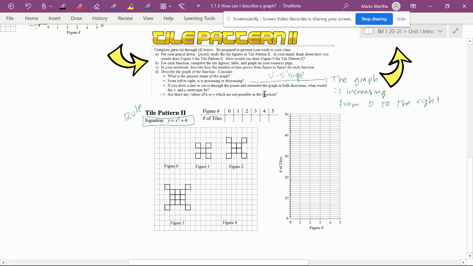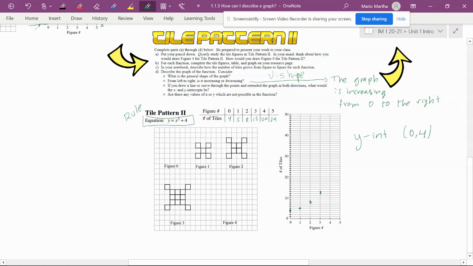And then if you drew a line again, the x-intercepts, we can't see any x-intercepts, but we can notice that there is a y-intercept at 0, 4. So that's pretty much where our graph starts right there. And then we said it was going to be 4, 5, 8, 13, 20, and then 29. 2 is 8 right there. 3 is 13.